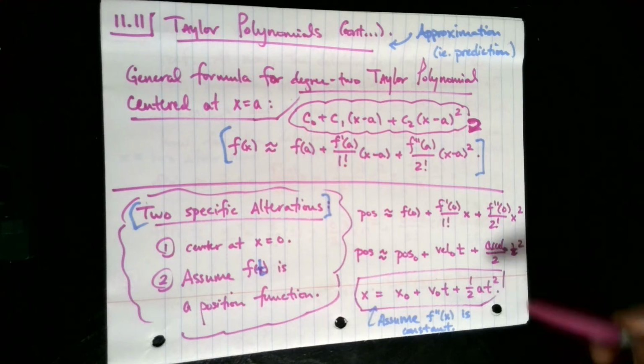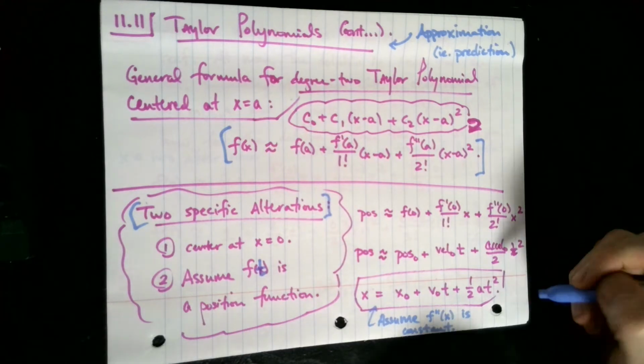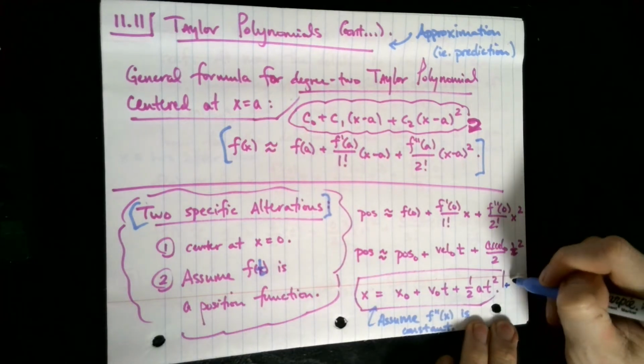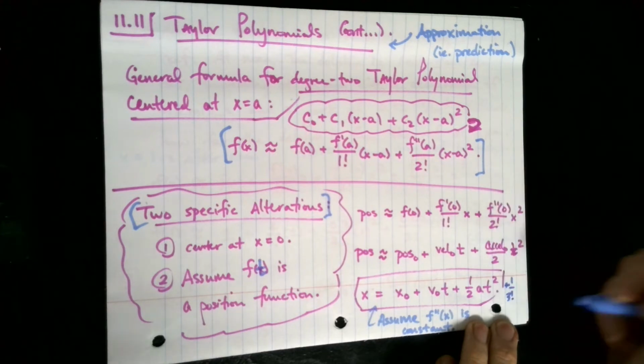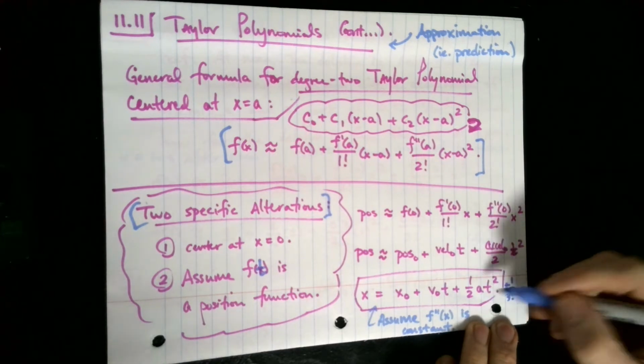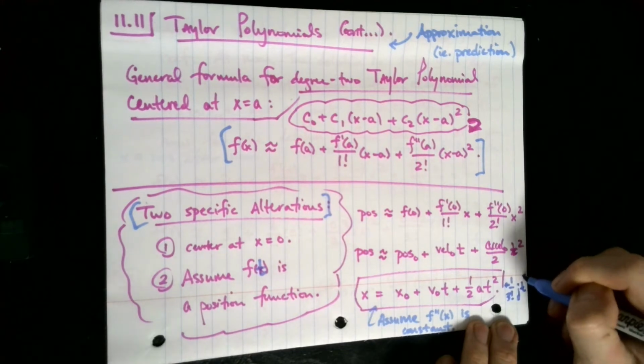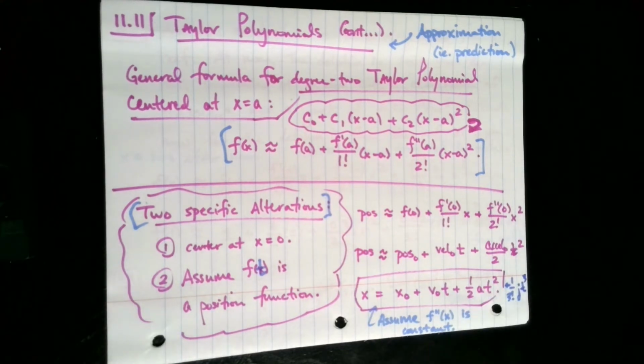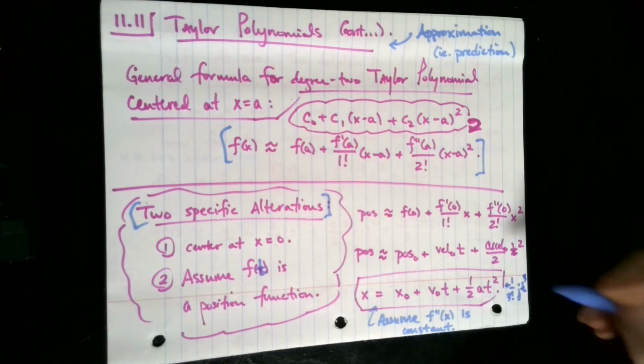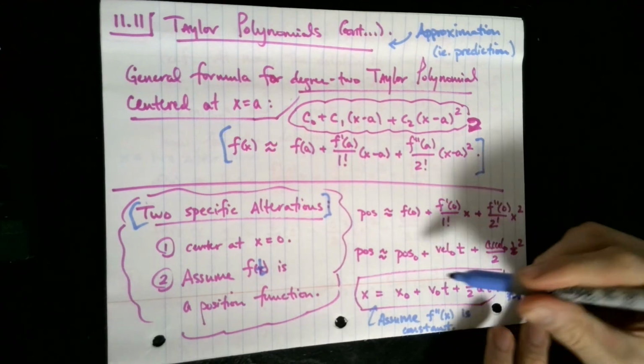That's all it is. And in fact, if you were interested in more precision, you could tack on other terms, like 1 over 3 factorial times whatever the acceleration's derivative is, which I think is technically called jerk, times t cubed, and you could play this game out as far as you wanted to, which is kind of interesting.